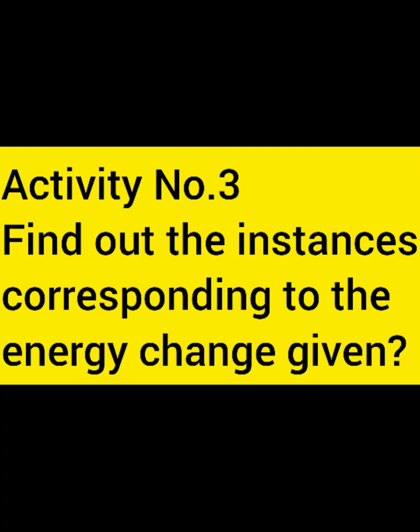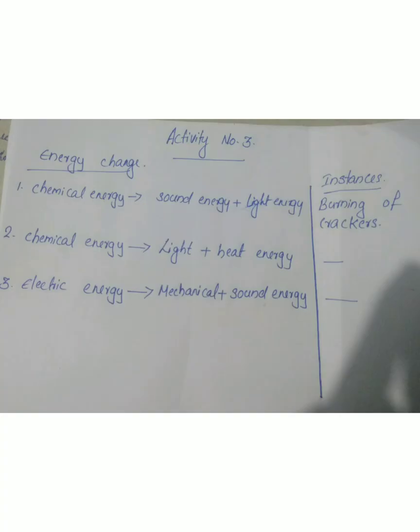Okay. This is activity number 3. In the first column, the energy change is written, and in the second column, you should write the instances. That is, in the first column, chemical energy is transformed to sound energy and light energy.